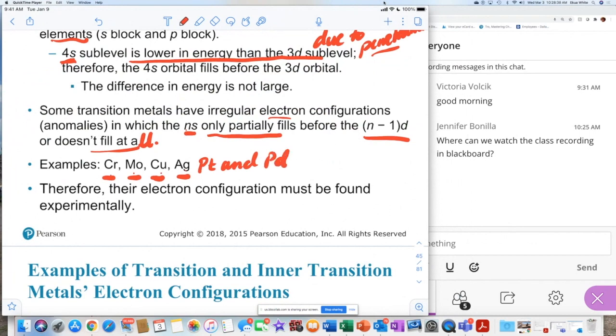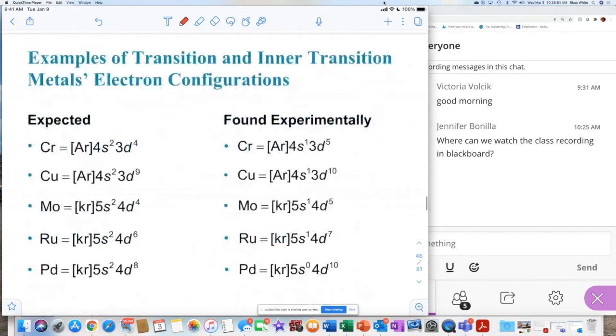If we can't use the periodic table to find the configuration, what do we do? We're told their configuration must be found experimentally. Well, you can't go do an experiment, so in this case you will find the configuration online.